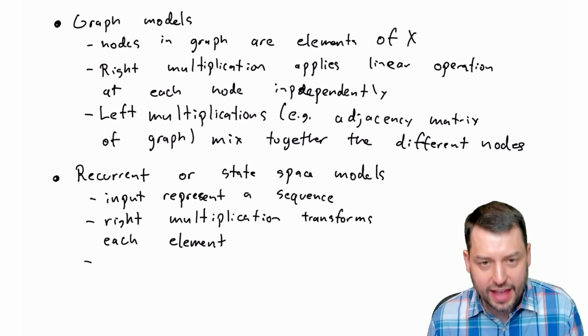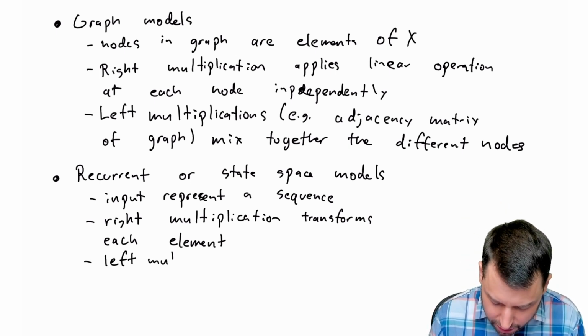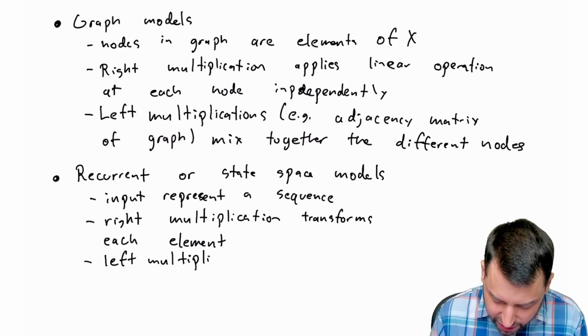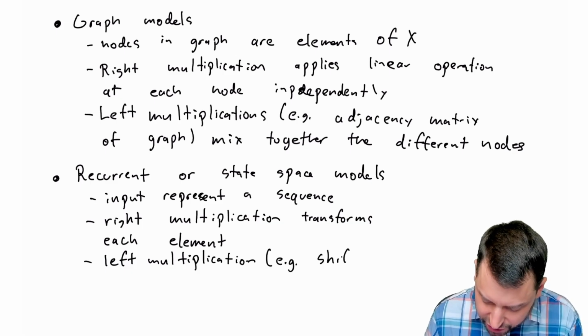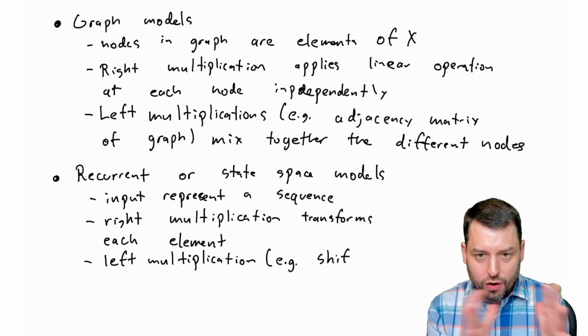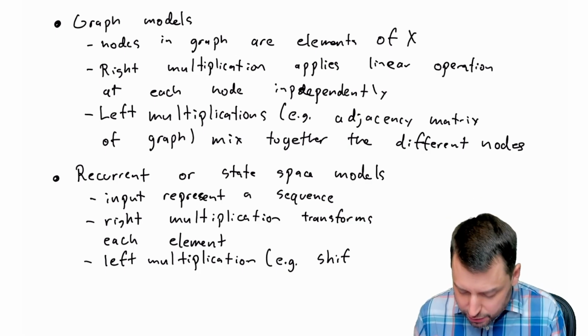And the left multiplications, which in recurrent networks are called shift operators, shift things in the sequence over by one to mix together different elements in that sequence.